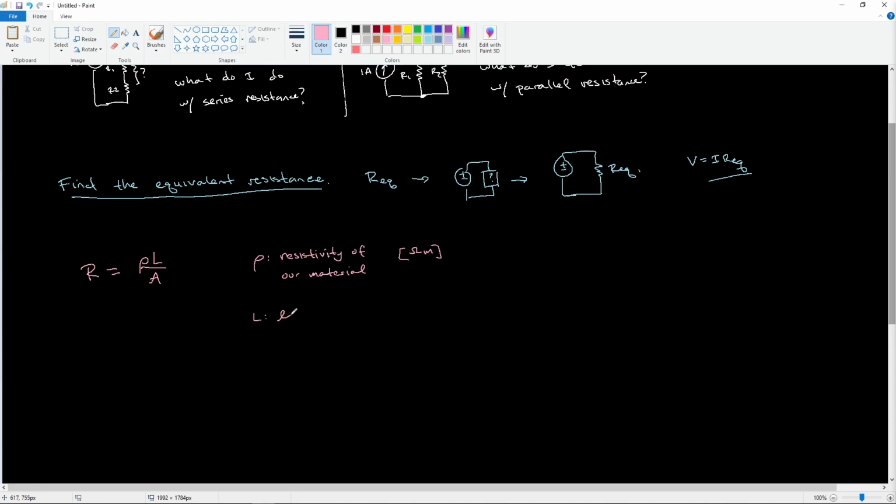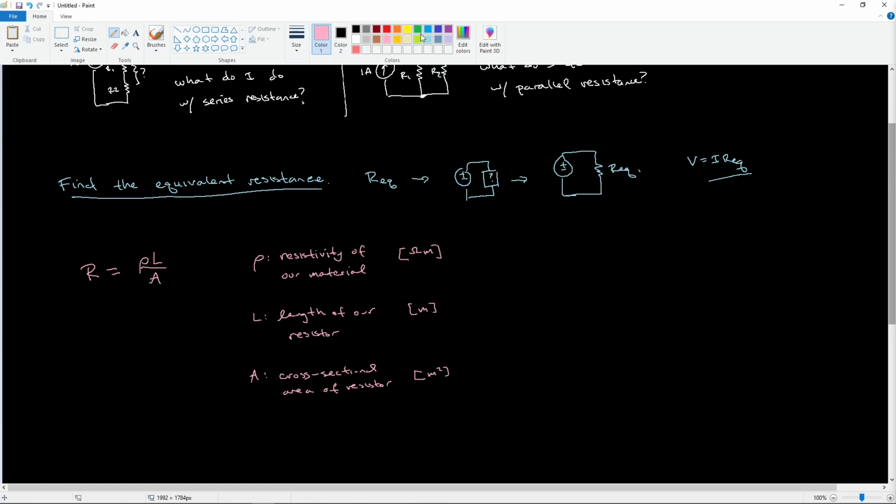L is the length of our resistor, and A is the cross-sectional area of our resistor. Units on length would be meters, and units of area would be meters squared, right?